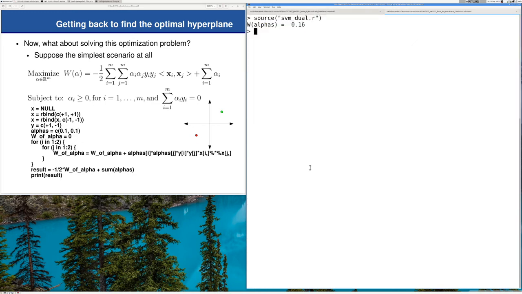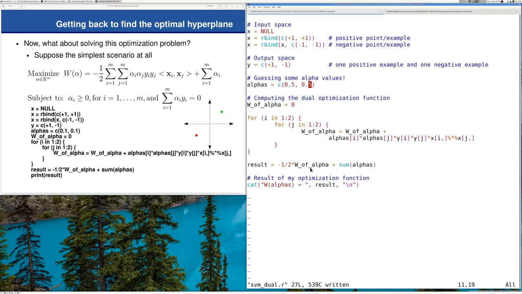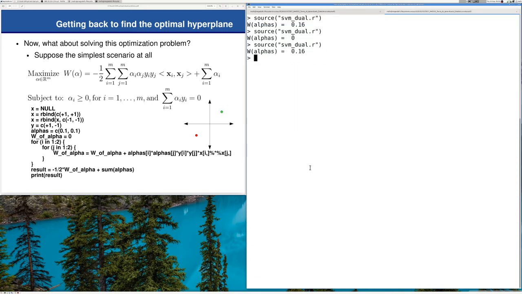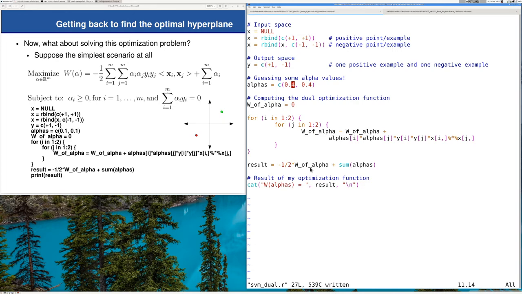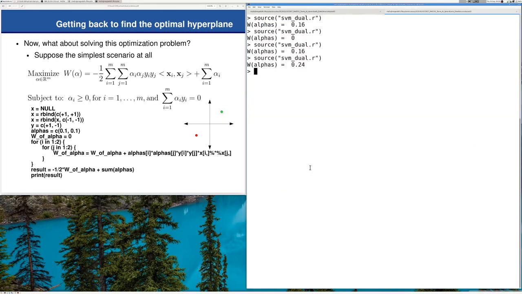Let's see the result. Ooh, it's smaller. I want to maximize, so it's not a good solution. Maybe 0.4. Let's see the result. Oh, 0.16, it's increasing again. Maybe 0.3. Wow, that's even better, because I want to maximize.